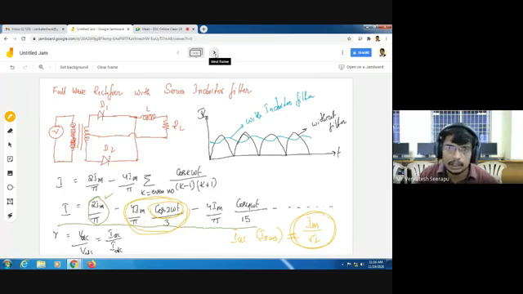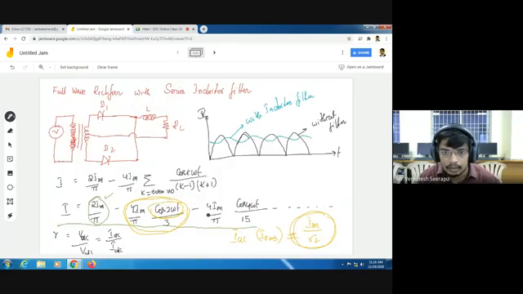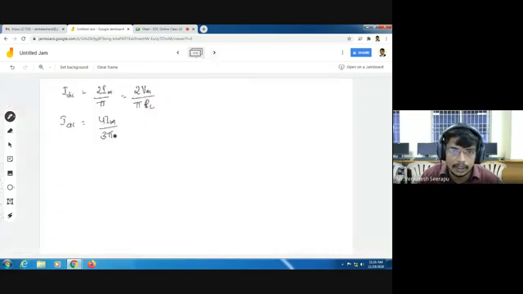For finding IAC, we have the formula Im by root 2, with Im as 4 Im by 3 pi.